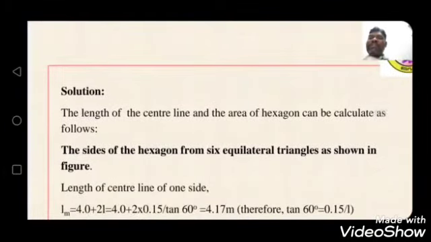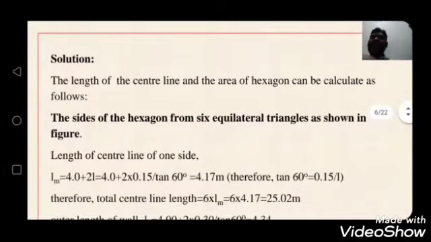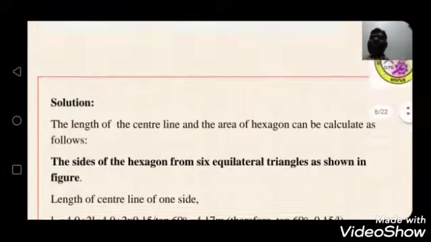Solution: the length of the center line and the area of the hexagon can be calculated as follows. The sides of the hexagon form 6 equilateral triangles as shown in the figure.